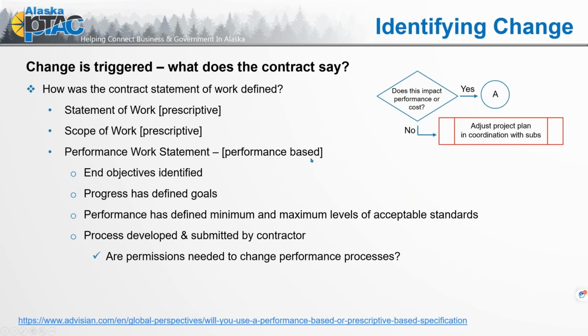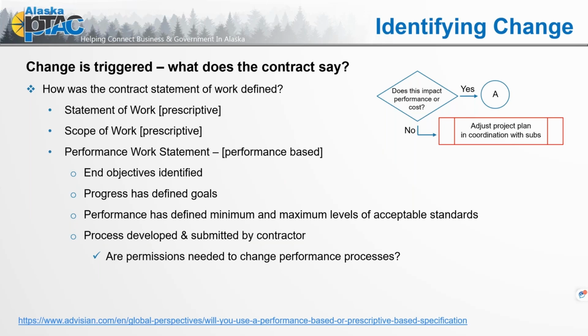In a performance-based performance work statement, the end objectives are identified, progress has defined goals, performance has defined minimum and maximum levels of acceptable standards, and the process developed is submitted by the contractor. So prescriptive, the government says, here's how we want it done. In performance-based, it is up to you, the contract awardee, to determine how you are going to do it.